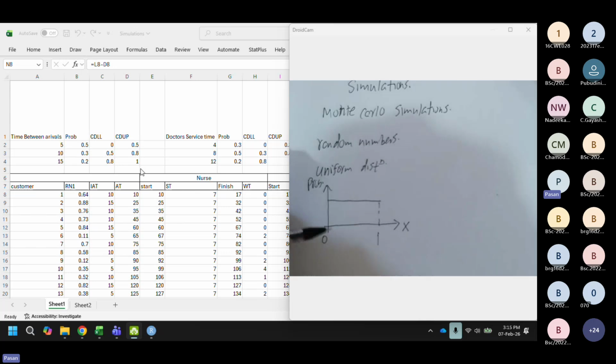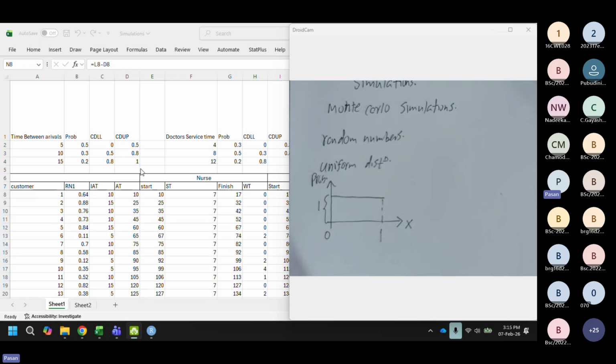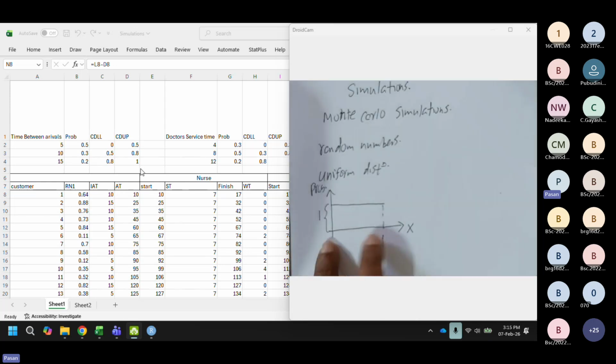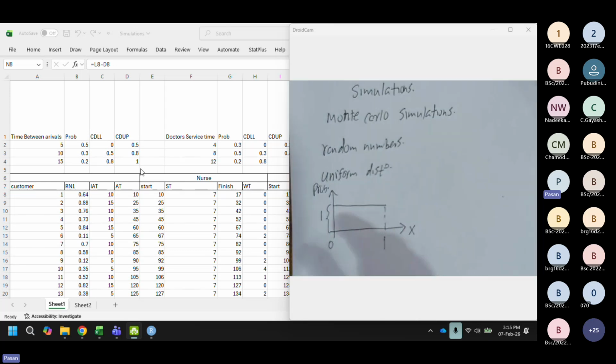So I can define it between 0 and 1, and then the height is also 1 here. So that random variable can take value between 0 and 1. Note that we can define it between any interval as well, right?